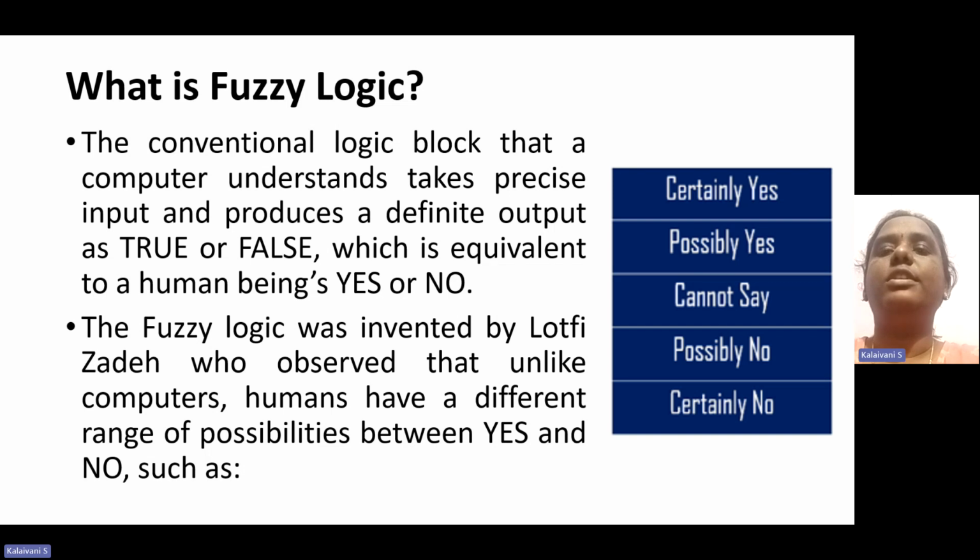But fuzzy logic, which was invented by Lotfi Zadeh, included all the ranges between 0 and 1, which is yes or no. He classified the possibilities into five categories: certainly yes, possibly yes, cannot say, possibly no, and certainly no. These are the values he considered for representing fuzzy logic.